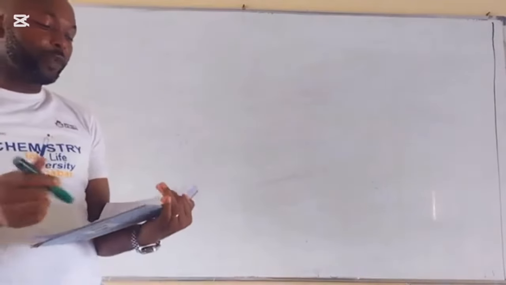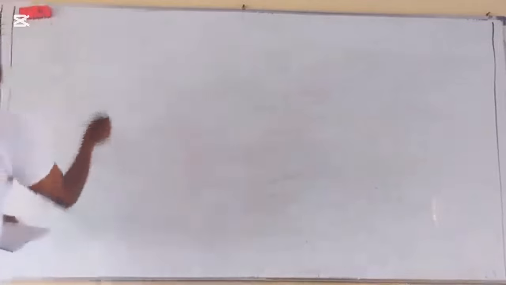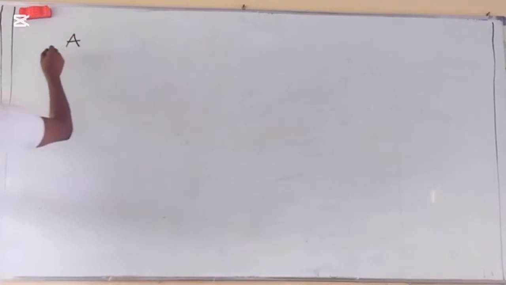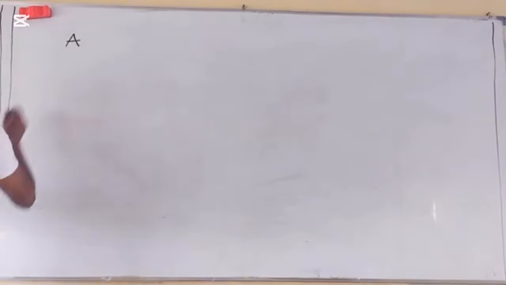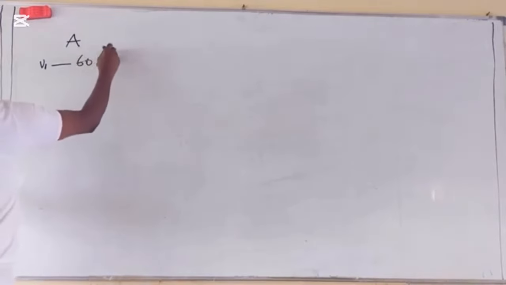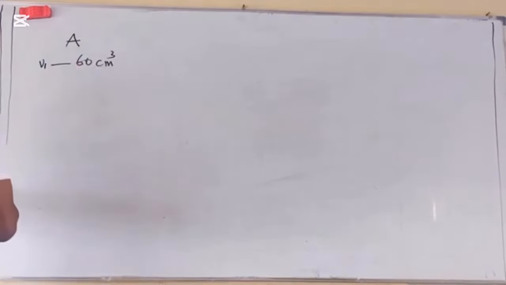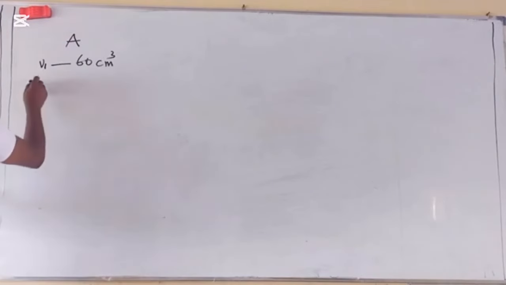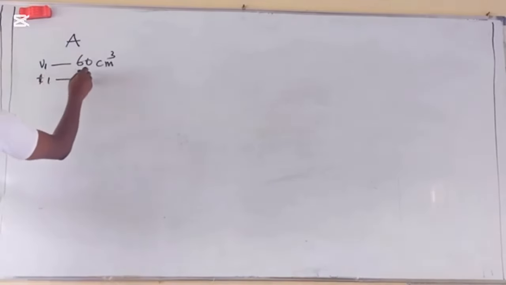60 cm cube of a gas A. So this is a gas A, 60 cm cube. So V1 is 60 cm cube of a gas A that freezes out in 8 seconds. T1 is 8 seconds.